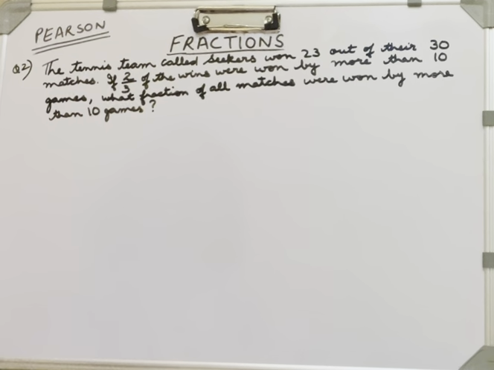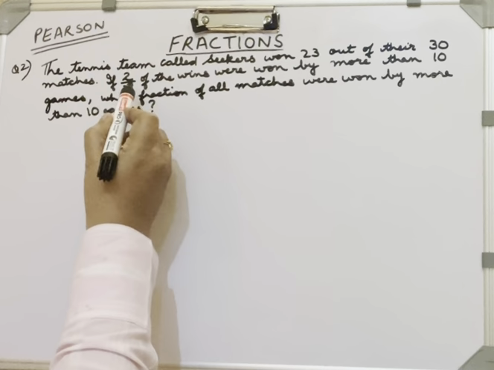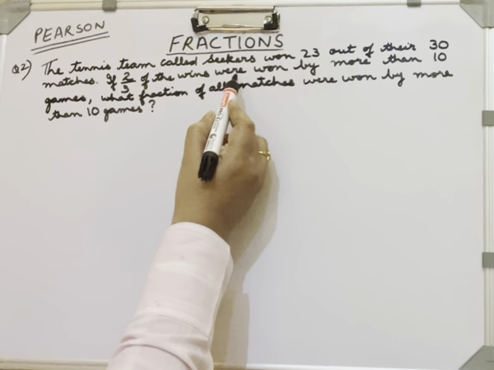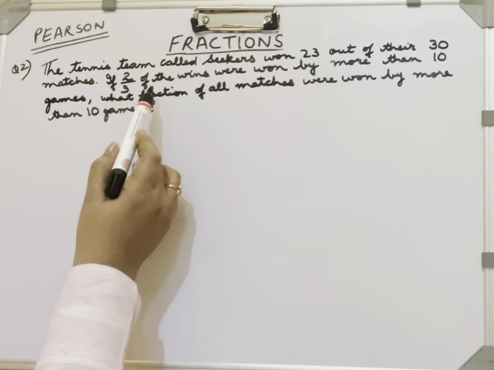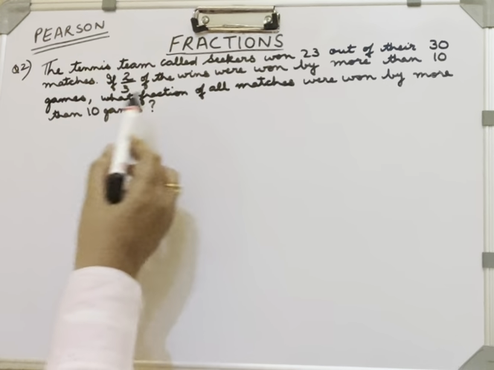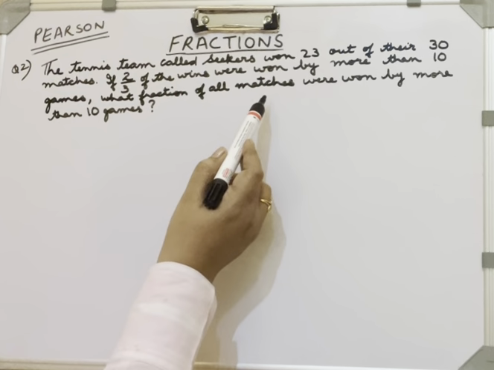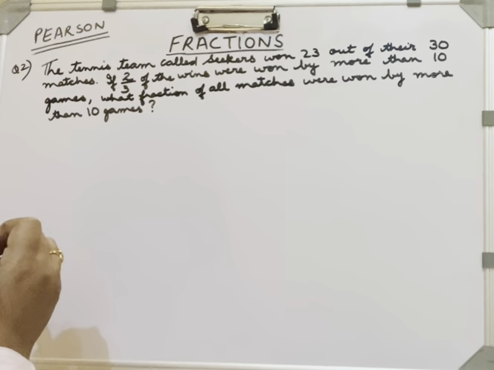So let's read the question again. The tennis team called Seekers won 23 out of their 30 matches. If 2/3 of the wins were won by more than 10 games, what fraction of all matches were won by more than 10 games?